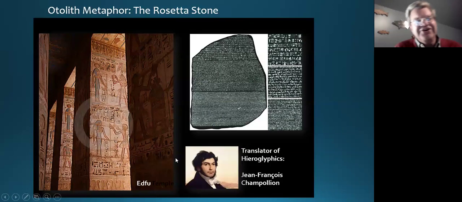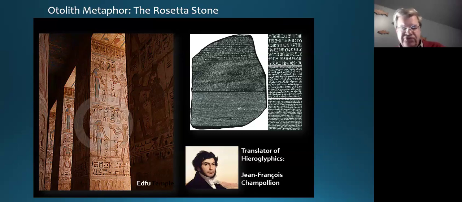Now onto the metaphor, and this is Champollion. For centuries, the 17th and 18th centuries, Egyptologists struggled with all these hieroglyphs that they were unearthing in Egyptian ruins. They had no way of translating until they had the Rosetta Stone.